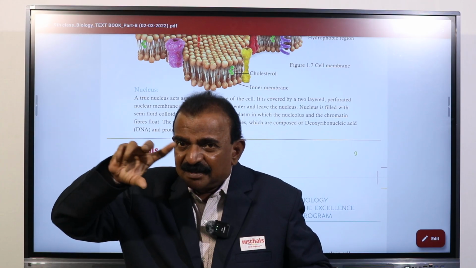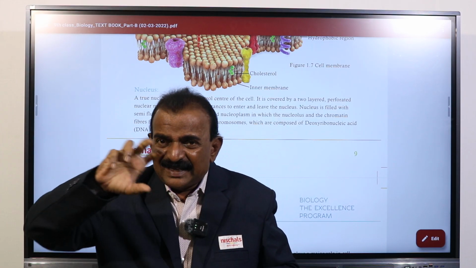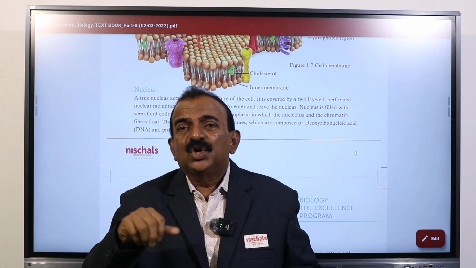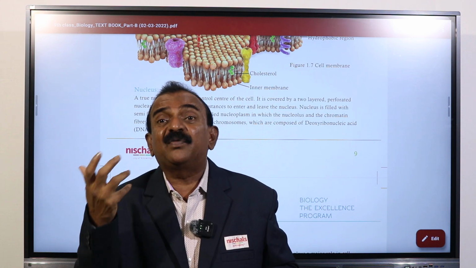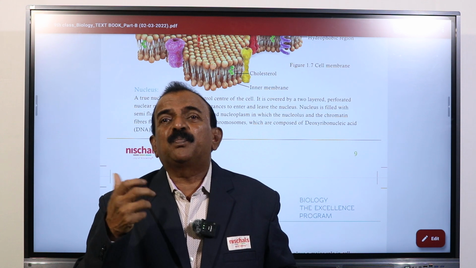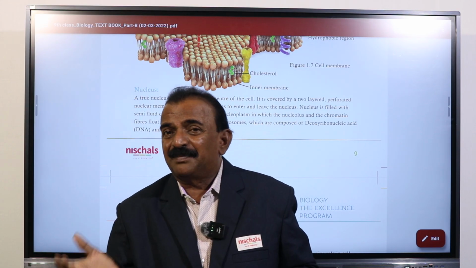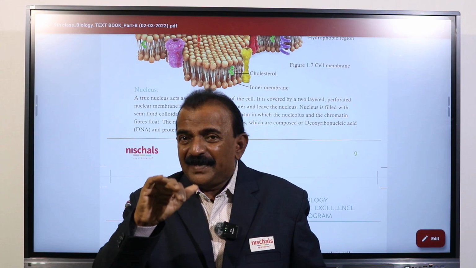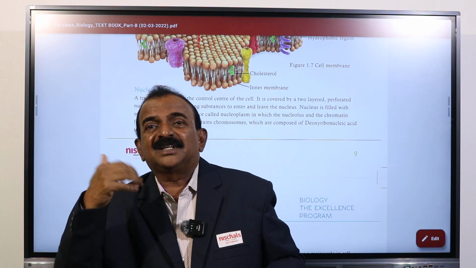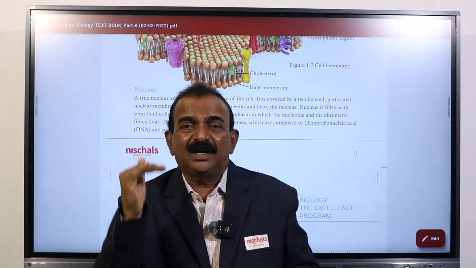It has a double membranous nuclear membrane that is perforated with nucleopores, and it allows some substances to come into the nucleus and some substances to go out of the nucleus.